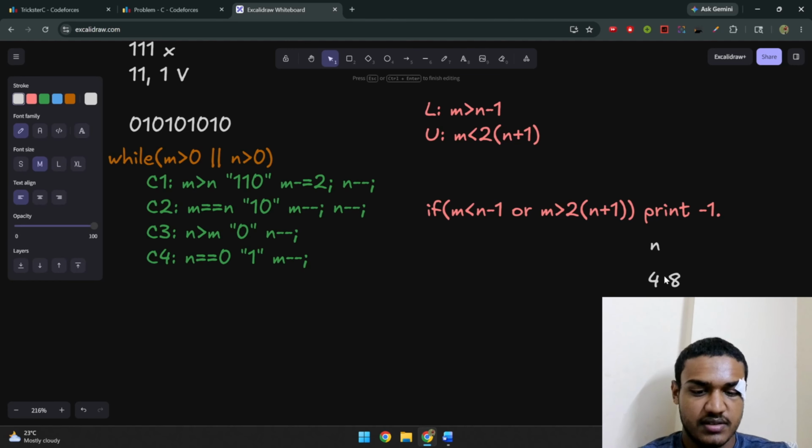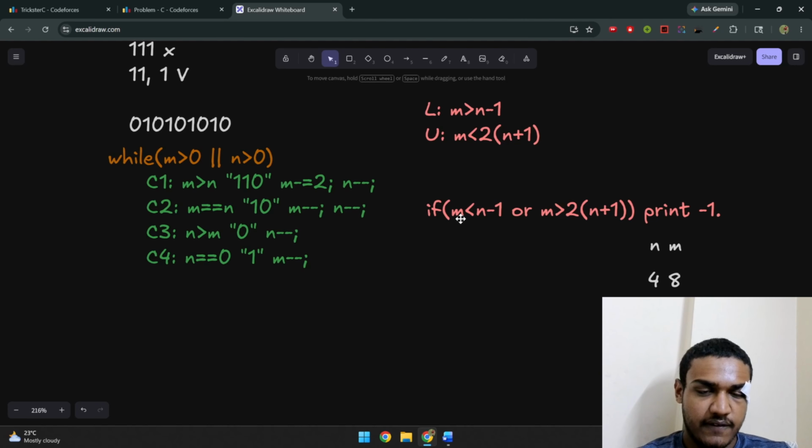This is n and this is m. So if m is less than n minus 1, 8 is not less than n minus 1, so that's false. And is m greater than 2 times n plus 1? n plus 1 is 5, 2 times 5 is 10, so m is not greater than 10. So we have this if statement sorted. We won't get a minus 1 because this is a valid number.